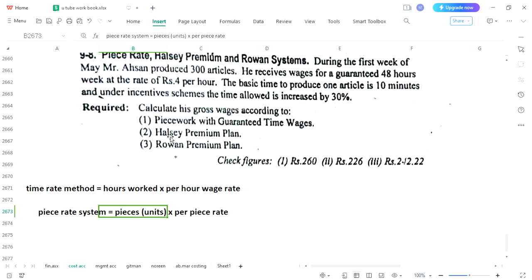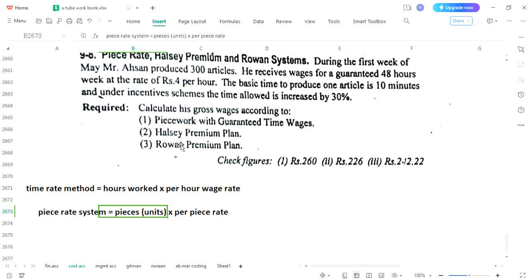So in our requirement, we are looking at piecework, and this is written piecework. Halsey and Rowan are economists or management accountants who have introduced their own plans. These are personal perspectives of these two economists. We will follow the formula and calculate.